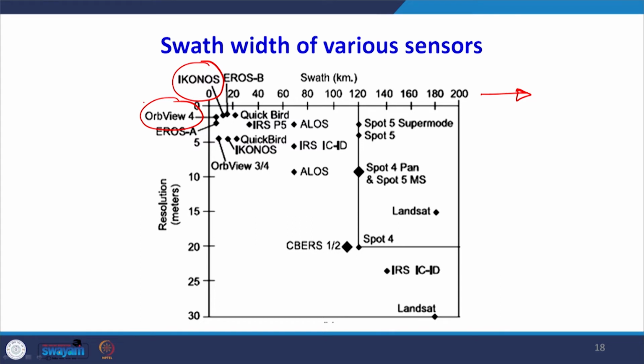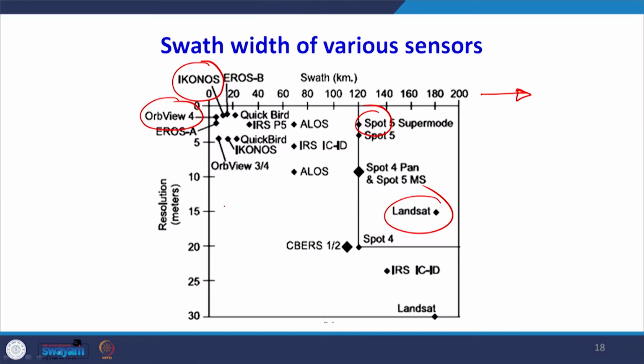Whereas, if we talk about the SPOT satellite and the LANDSAT satellite, the swath width becomes more and more, and the area covered becomes large, and obviously the pixel resolution becomes medium for LANDSAT.